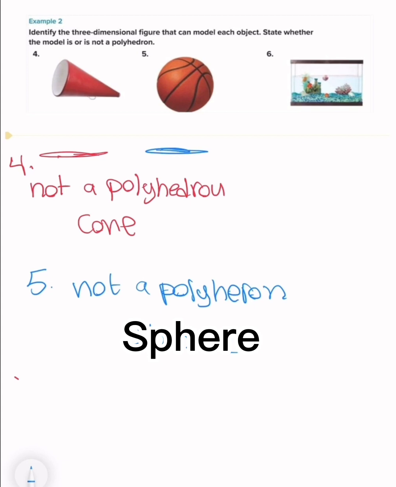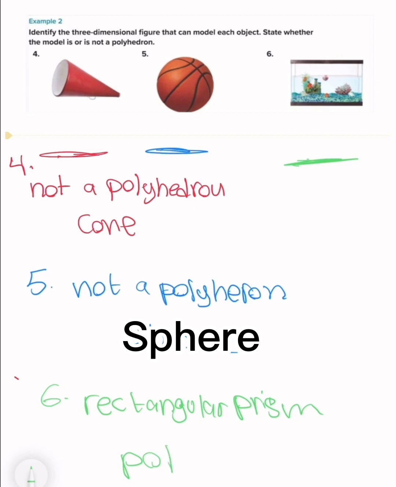Okay, so now number 6, changing the color again. Number 6 is easy also. It has a base of rectangle and the faces are rectangles. So it will be a rectangular prism, and it will be a polyhedron.